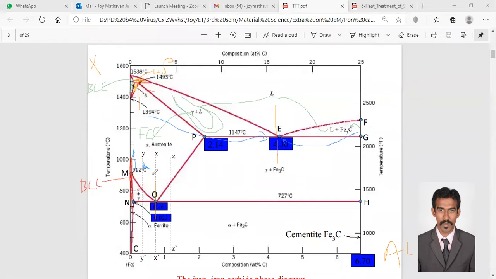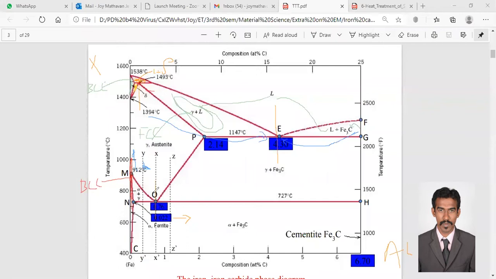From here, you can identify how much maximum alloying you can go for, right? So here, if it is 727 degrees Celsius, by this diagram you know the Fe will be of BCC structure. In that BCC structure, only 0.022 can dissolve, right? That's a conclusion you can derive from here. Also, if we increase the temperature, that will turn into austenite.